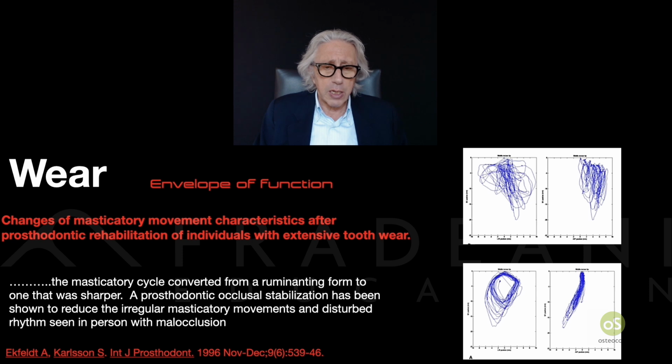Prosthodontic occlusal stabilization has been shown to reduce the irregular masticatory movements and the disturbed rhythm seen in a person with malocclusion. So what to say? If you create a perfect occlusion system according to our normal conventional rules, you can improve in 75% of cases to a sharper chewing pattern, as you see here.